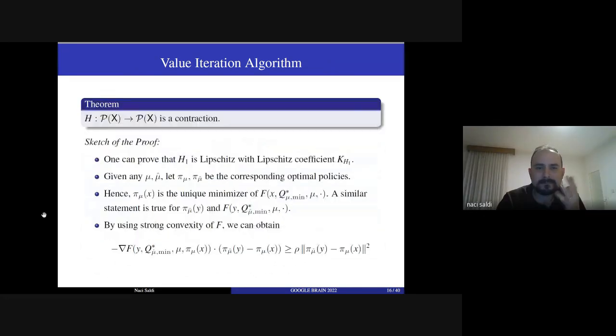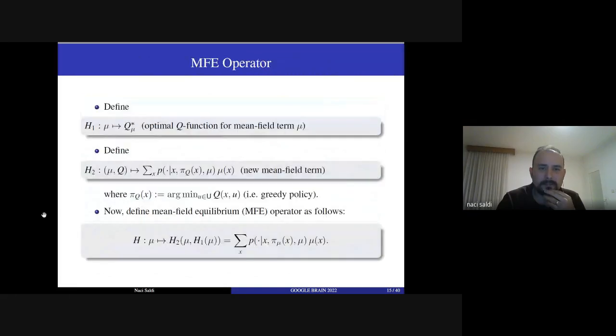Yeah, actually, we call it value iteration, but it's not exactly value iteration. So here, at this step, we are actually doing a value iteration. For any given mu, we are applying the value iteration algorithm.